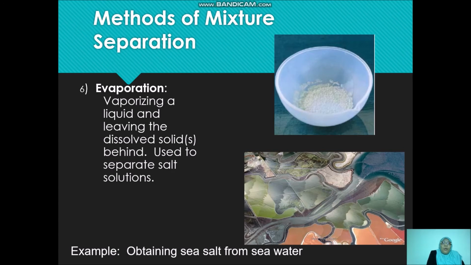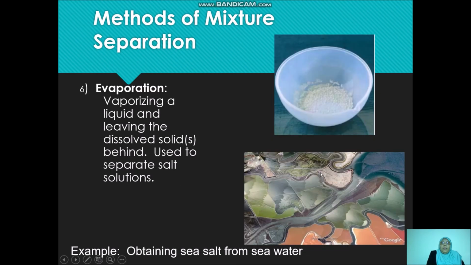If you evaporate the water, the rest becomes salt. So in this method of mixture separation, evaporation removes water from the solution. An example in daily life is obtaining sea salt from seawater. Here is the figure of a salt farm.